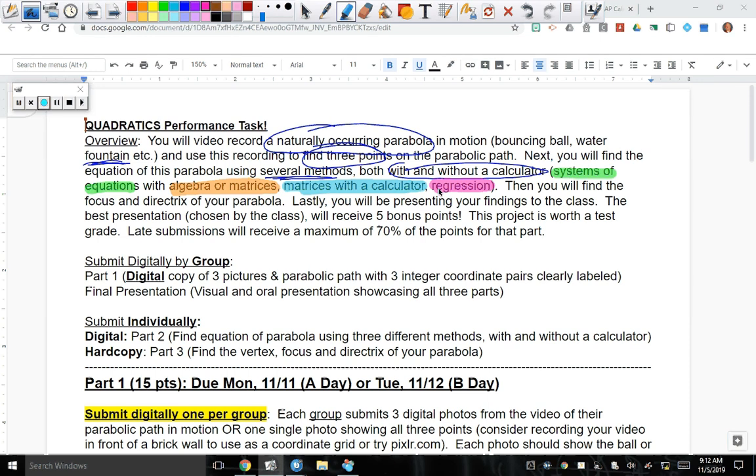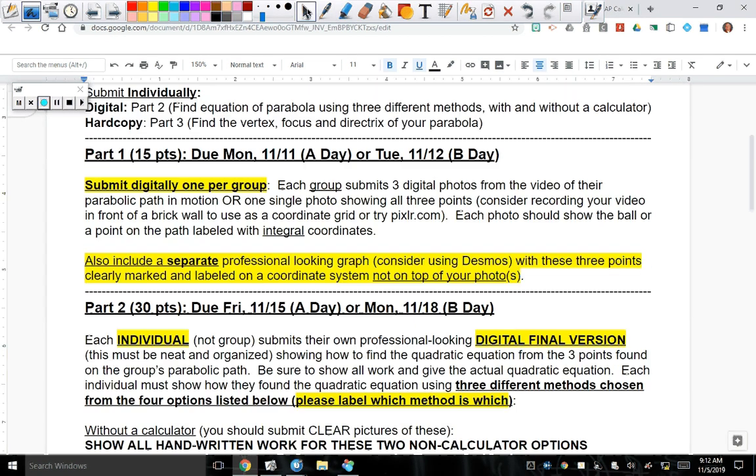Here we go. Part 1, 15 points, due on the following dates. Submit digitally, 1 per group. Each group submits 3 digital photos from the video. And guys, if you didn't know, you can record video and snap pictures as the video is going.